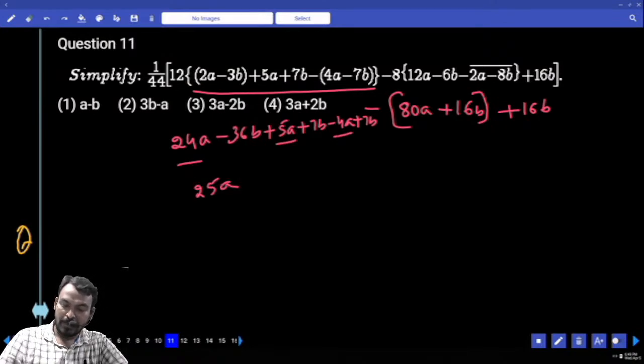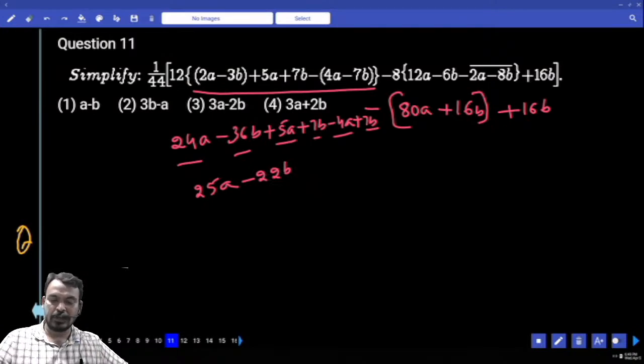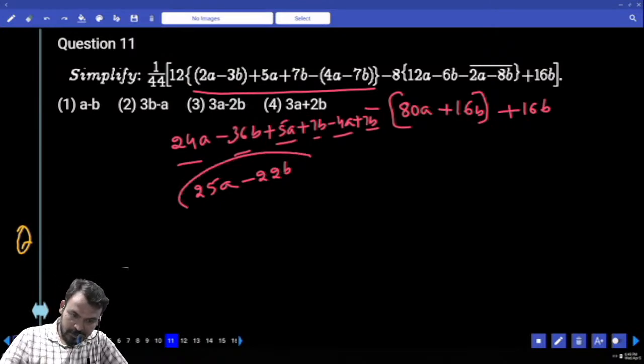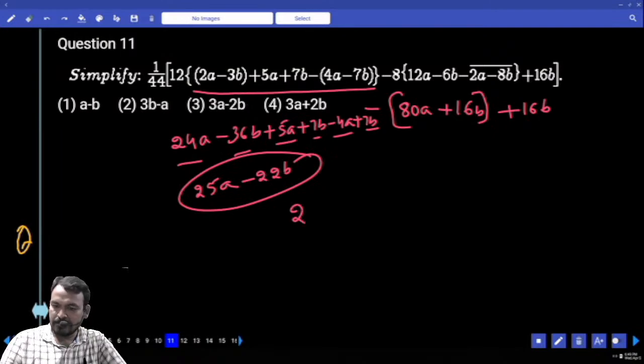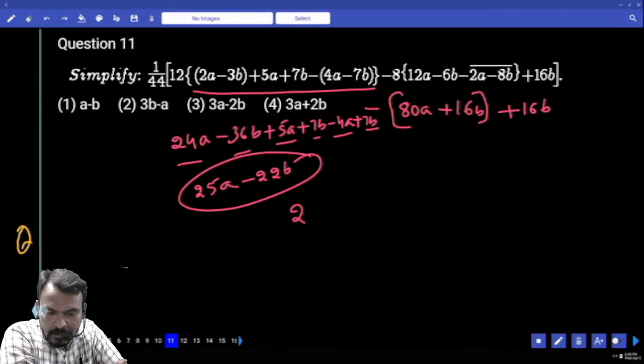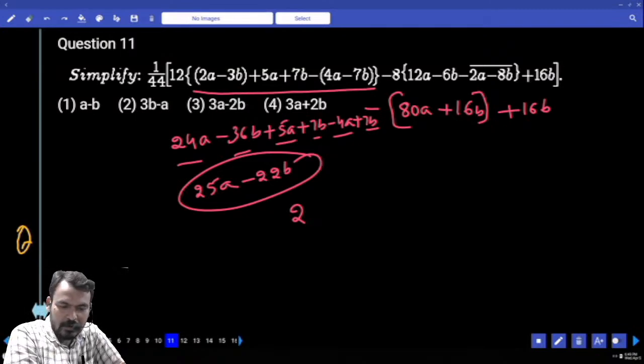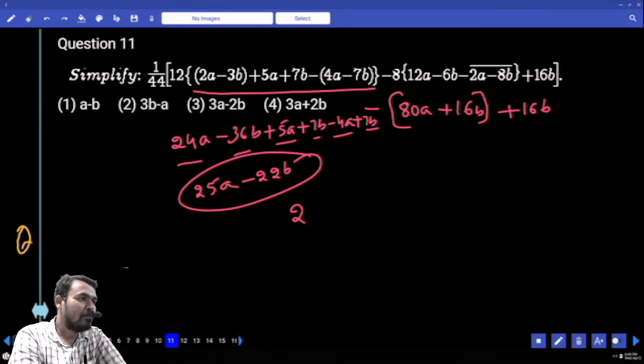Minus 36B plus 14B, minus 22B. 7 plus 7, 14. Minus 22B. This one we wrote 25A, already multiplied by, sorry, is it multiplied by the total term or only some term? Total term.